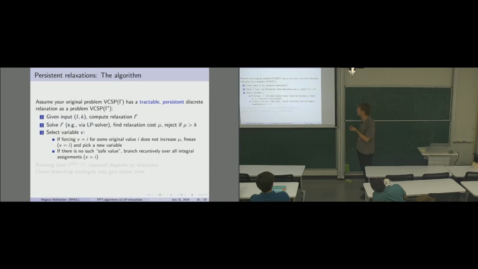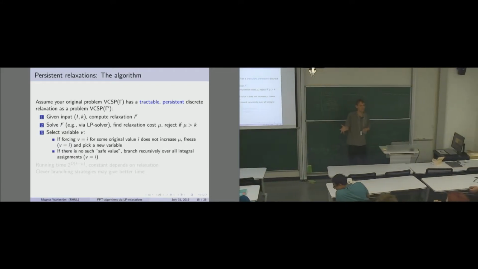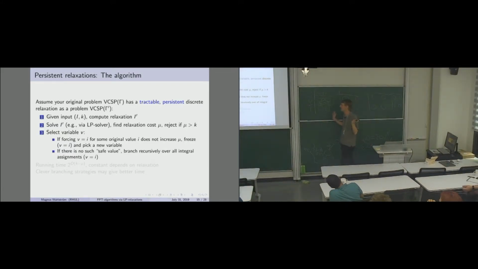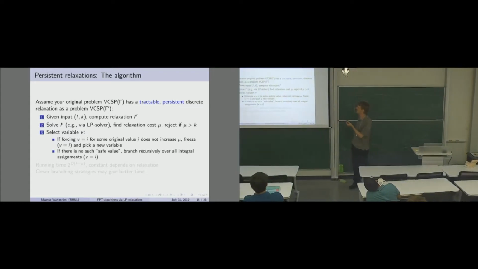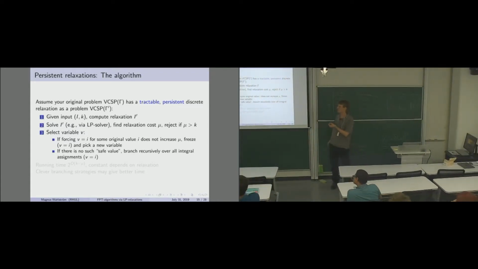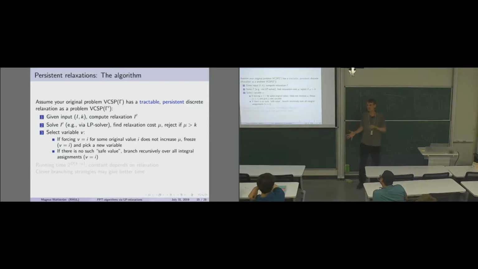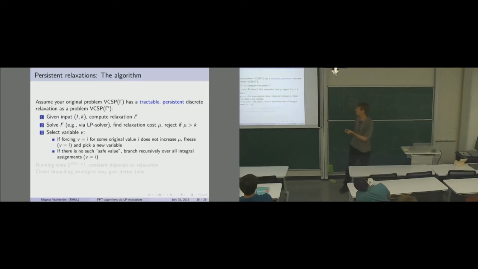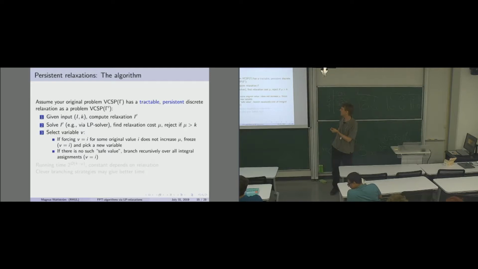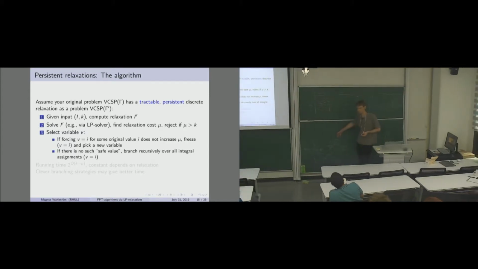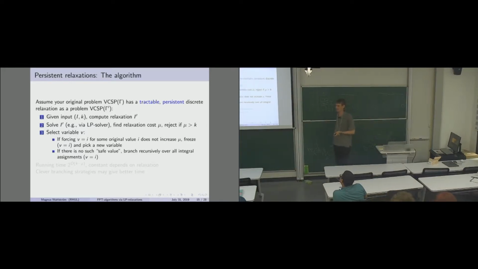You pick a variable v. You try all possible actual values in D, like previously just 0, 1, but now all possible values. If there's any direction where the cost does not increase, you can freeze the variable and keep searching. Eventually, there is a variable v where every assignment v equals i increases the cost for integral values i, and you do a branching tree of, well, branches in more than 2 directions, but exactly the same kind of tree.